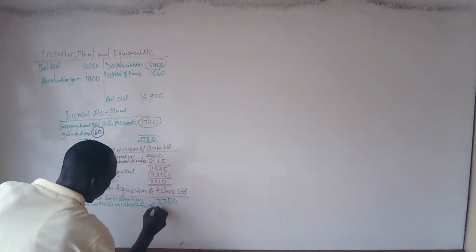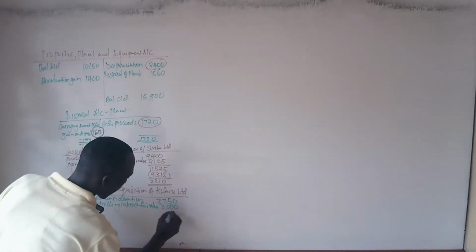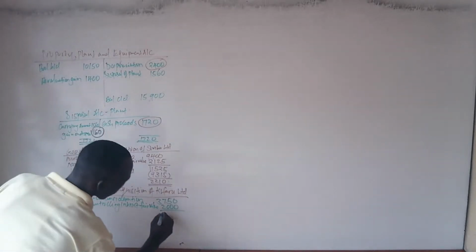Then the non-controlling interest fair value was 2,000. And then how much are you getting? 5,750.